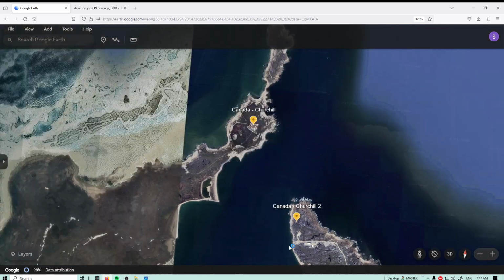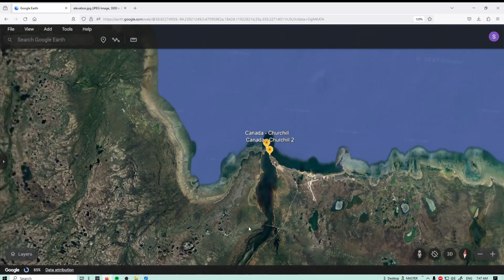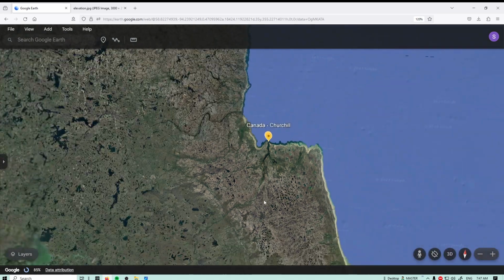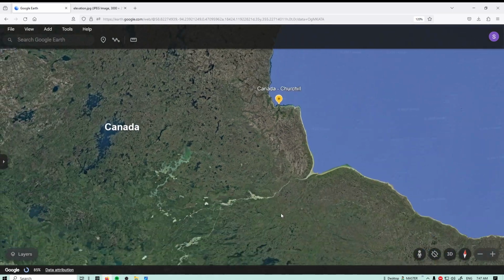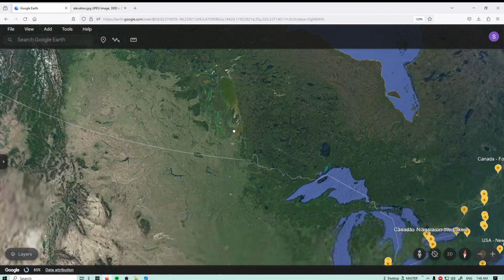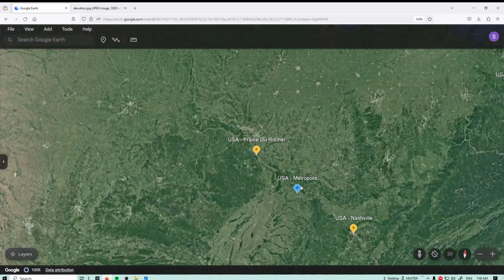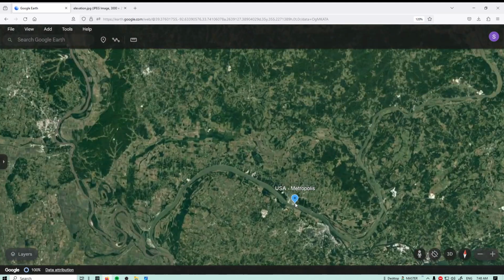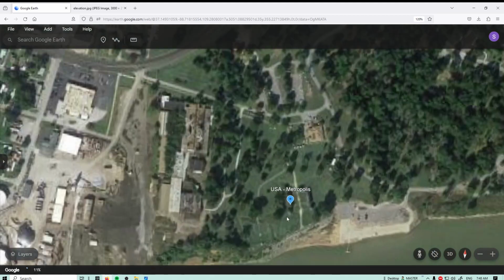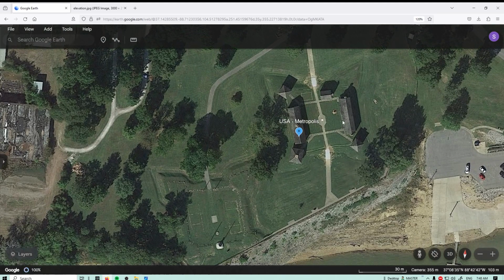So North America has a lot of, but then again, most of those places, like the places that we explored, they're just below the ground level. Most of them. We're gonna go to Metropolis. There's something nice here. Look, two of them, side by side.